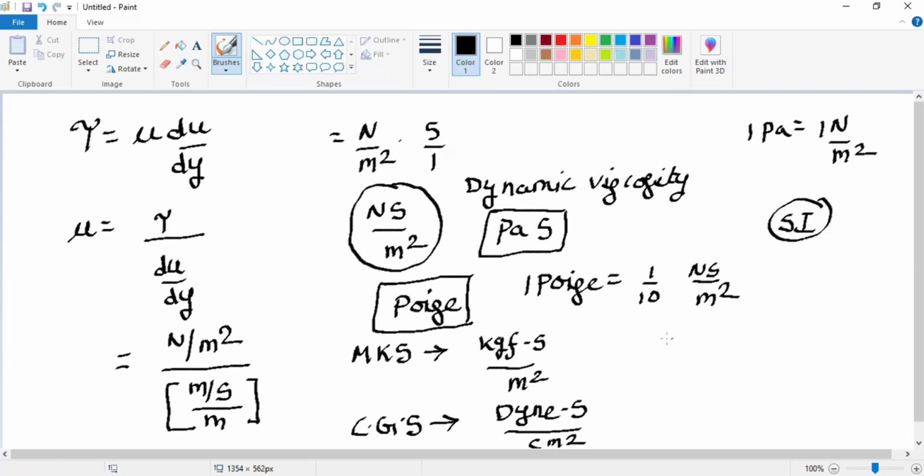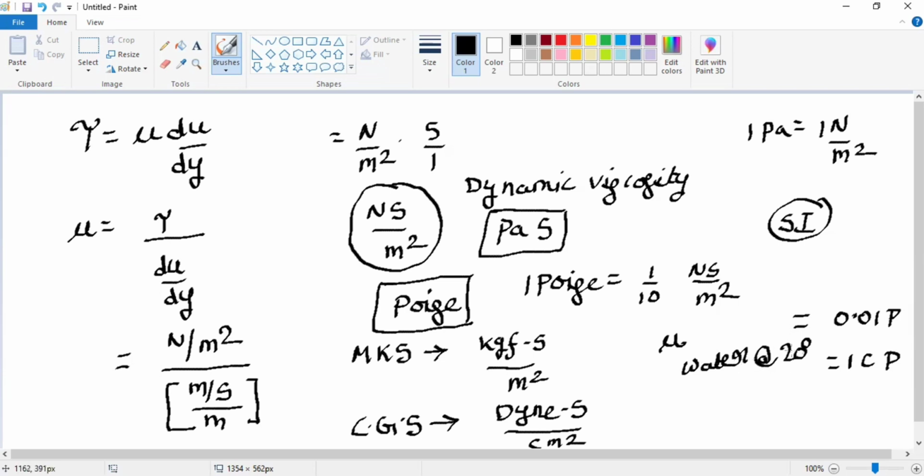And one more important point: the dynamic viscosity of water at 20 degrees centigrade is 0.01 poise, or 1 centipoise.